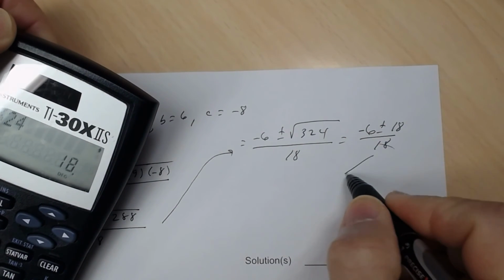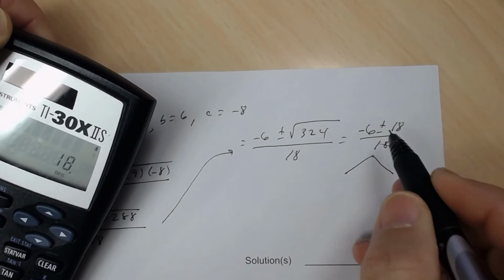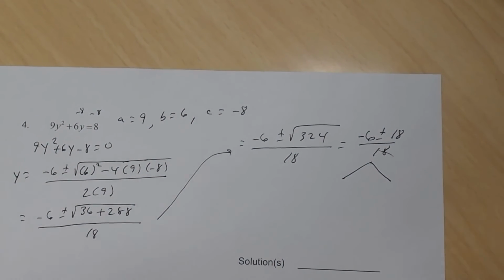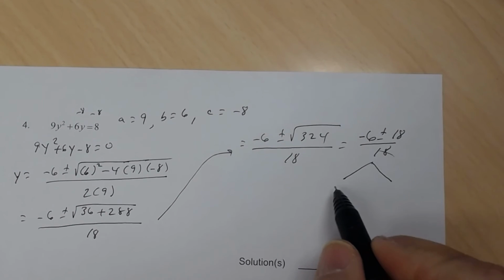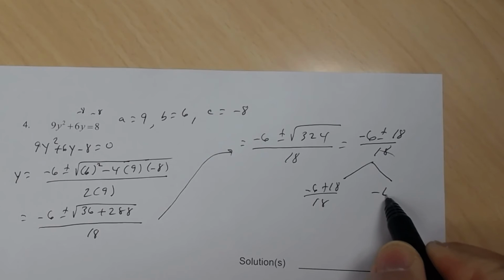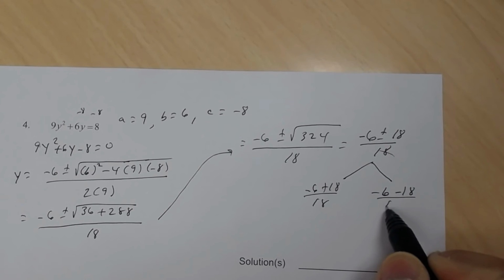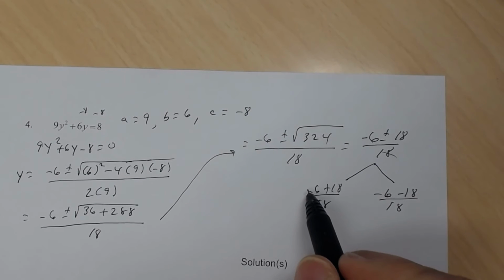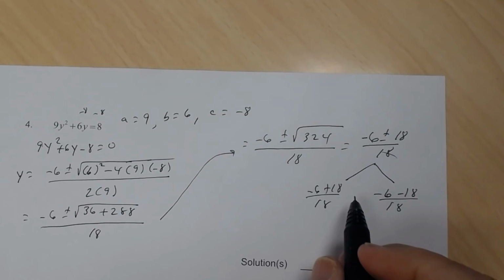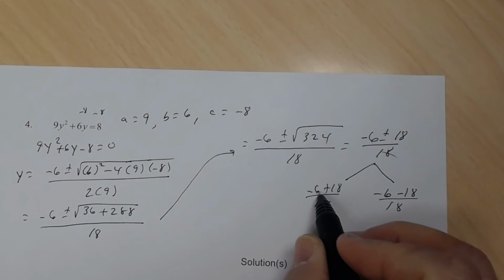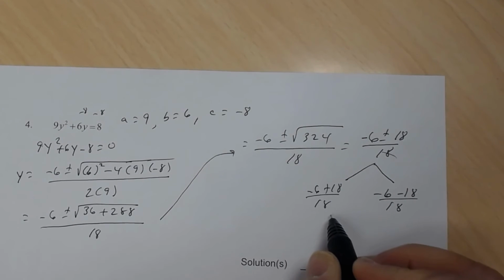Just say, since these are rational solutions, I'm going to rewrite this as negative 6 plus 18 divided by 18, and then negative 6 minus 18 divided by 18. And again, don't reduce. Don't say 18 into 18 is 1 and say negative 6 plus 1, because that's not true. You've got to reduce negative 6 as well with this 18.